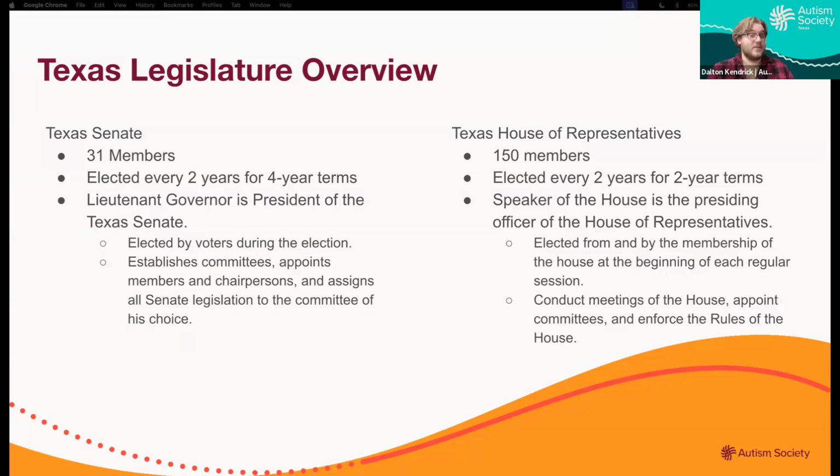His jobs are very similar to that of the lieutenant governor in the Senate. He conducts meetings, appoints committees, and he's also in charge of enforcing the rules of the House, making sure things run correctly.